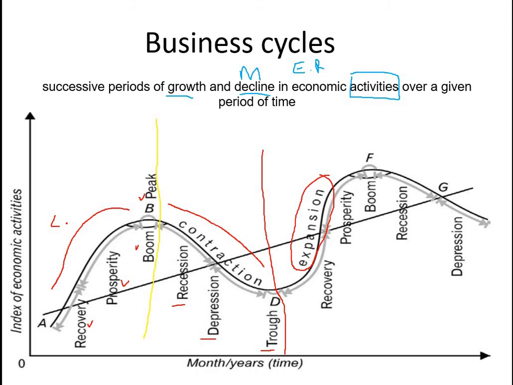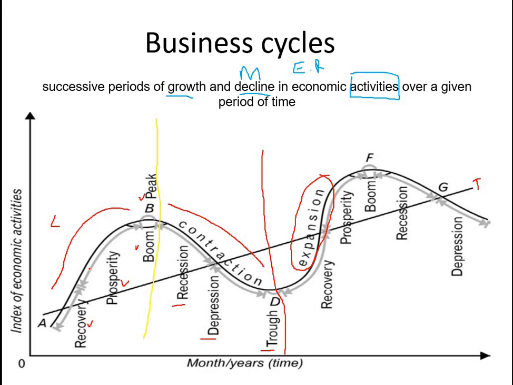So we are going to talk about this diagram phase by phase, so that we gain more information about this. When they ask you to draw your diagram, this is how you must draw it. Remember, this is your trend line. It's not a 45 degree line. Some of you could draw like that.